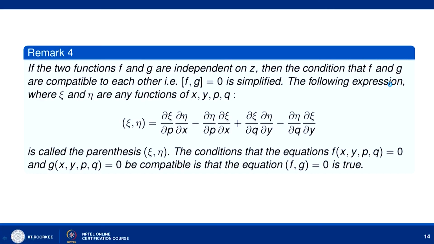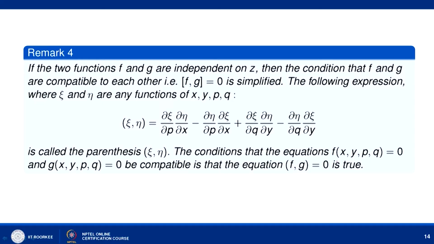So let us move ahead and look at remark 4. This remark says that if the two functions f and g are independent of z, meaning they are written only as f of x, y, p, q and g of x, y, p, q, then the expression bracket fg equal to 0 simplifies, and it can be written as parenthesis fg equal to 0, where parenthesis of xi, eta is defined like this: del xi by del p, del eta by del x, minus del eta by del p, del xi by del x, plus del xi by del q, del eta by del y, minus del eta by del q, del xi by del y. So when f and g are both independent of z, we simply look at parenthesis fg equal to 0, where parenthesis xi, eta is given by this expression.